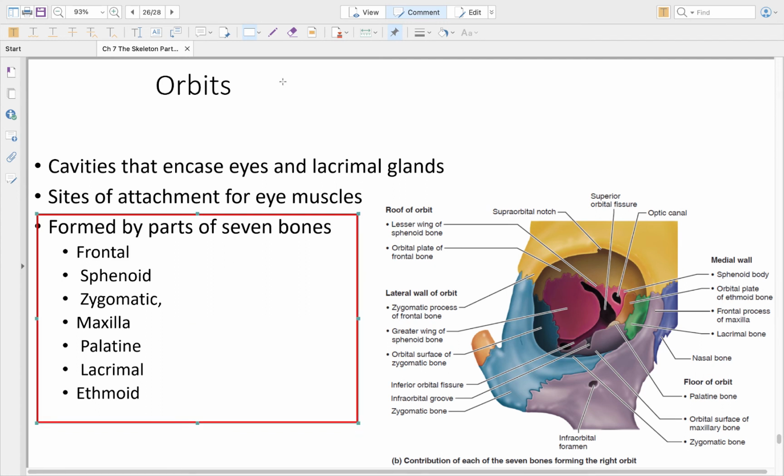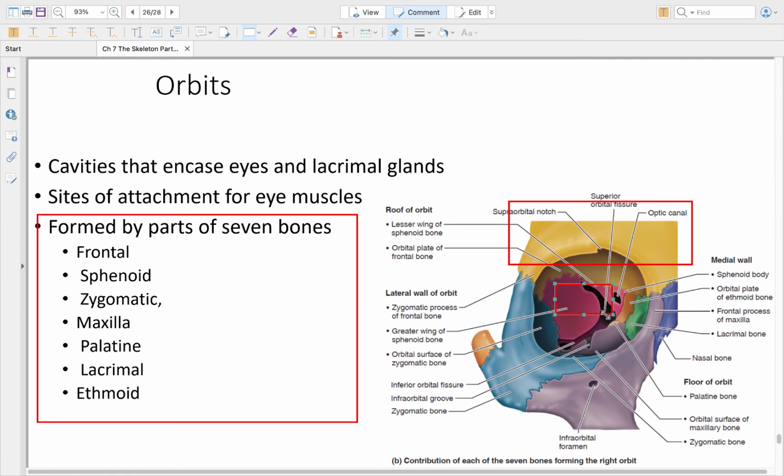All right, let's go ahead and take a look. Okay, 7 bones. Okay, clearly in yellow here, what is that bone? That's the frontal bone in yellow. There's 1. The sphenoid bone in pink back here. That's 2.